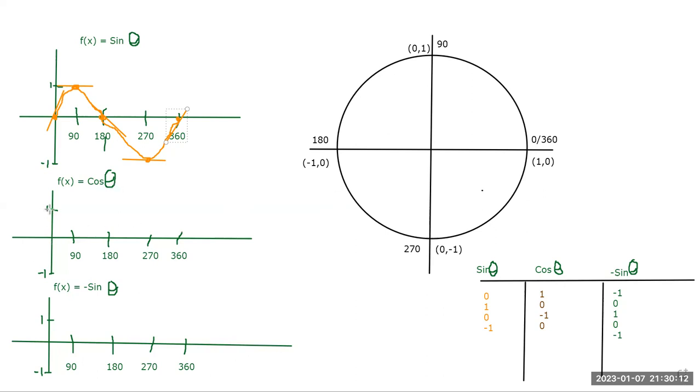Well, let me take a step back. Sine is the y values of the circle. So at each point from 0 to 360, all the y values, you would take those and then use the radius of the circle, which we're using 1 right now.